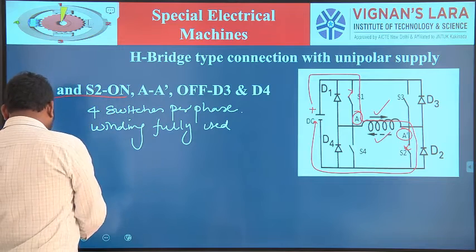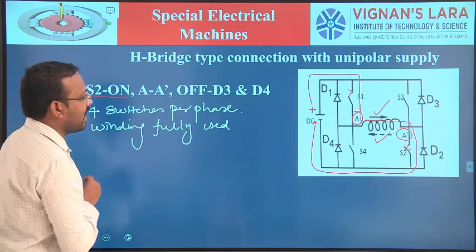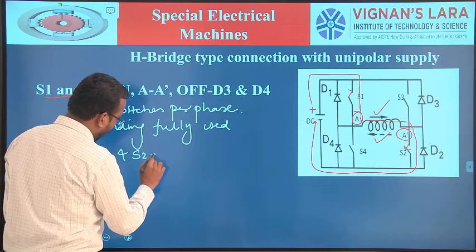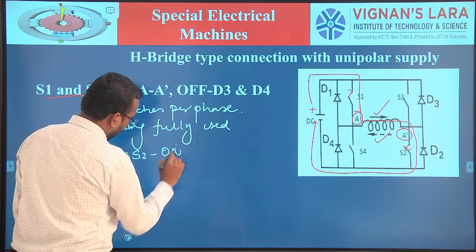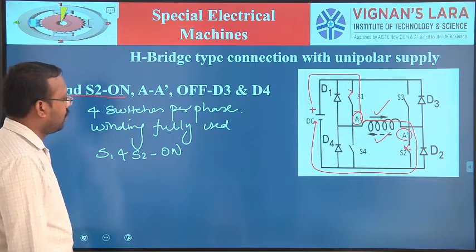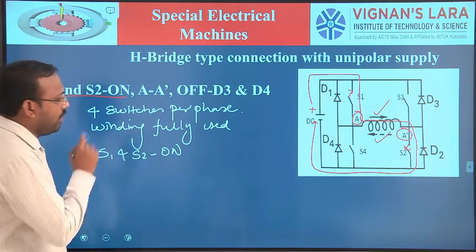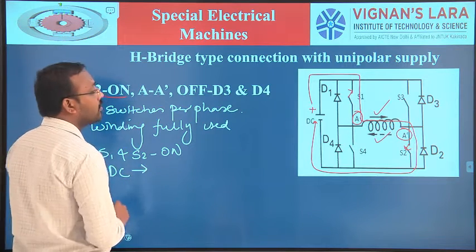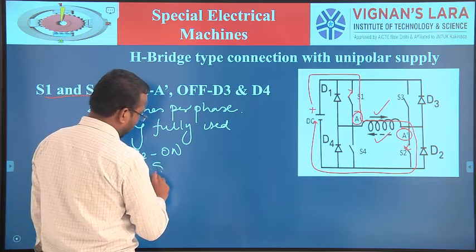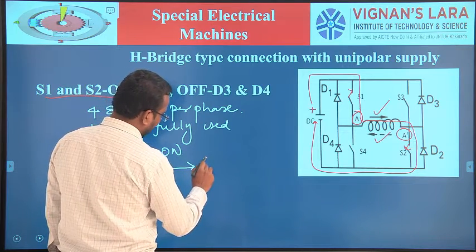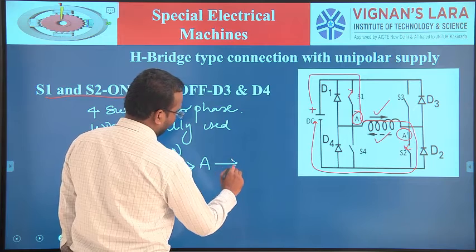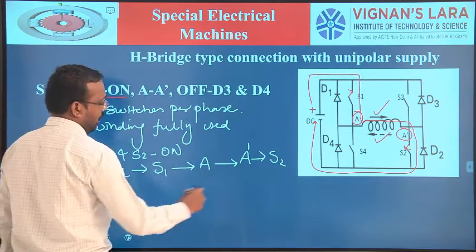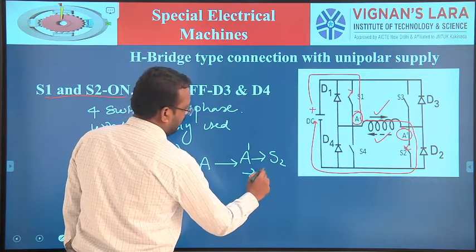Now what is the direction of current flow? With S1 and S2 on, the current starts from positive DC, then S1, then A, then A prime, then S2, then minus.